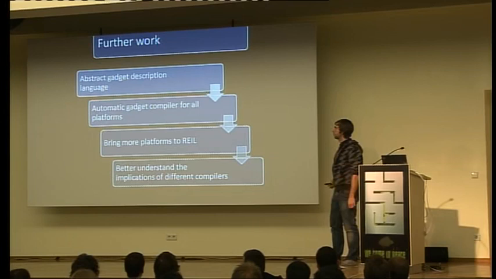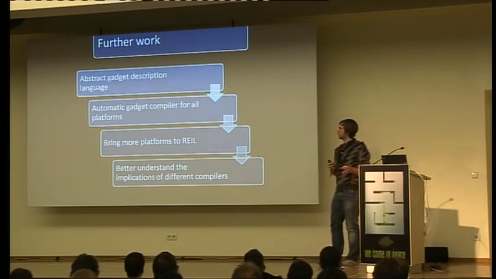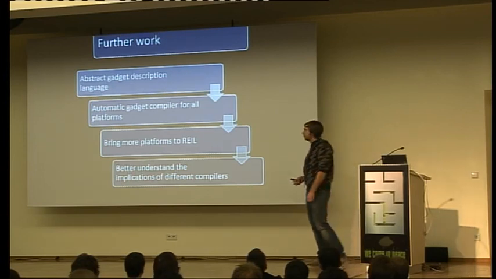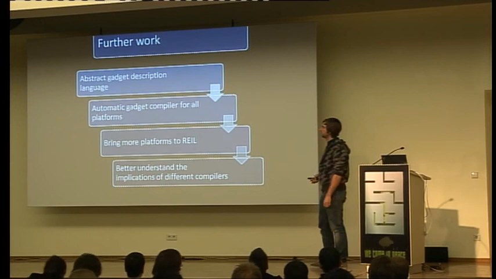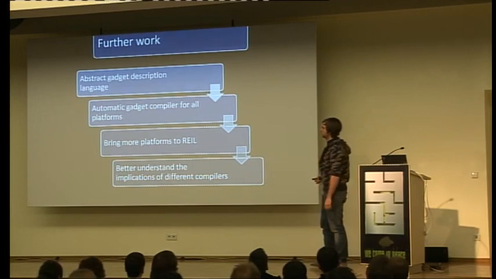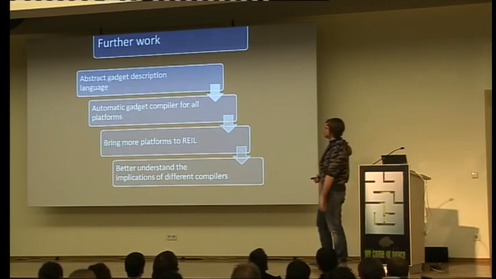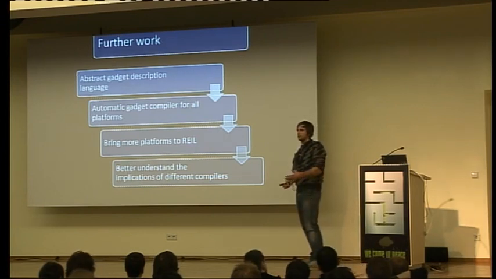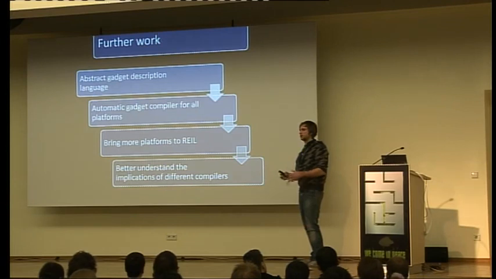I really admire the work a lot, but for our approach, we need something that's even a little more abstract than what they are using, but we haven't gotten around to defining this more than for the ARM case where we have shown it to work. Yeah, an automatic gadget compiler for all platforms, so that it's possible to not only use it on ARM and have it work on the whole thing.